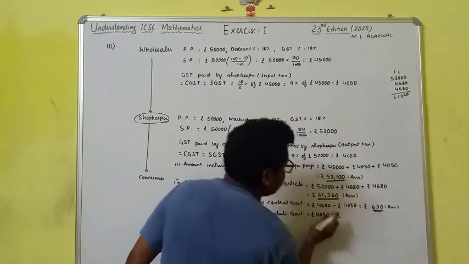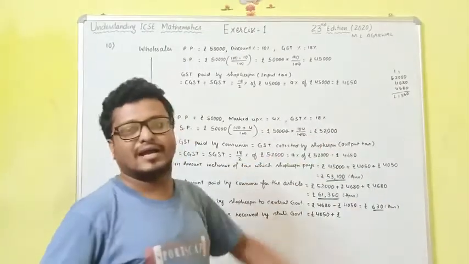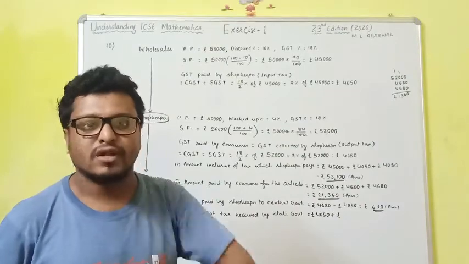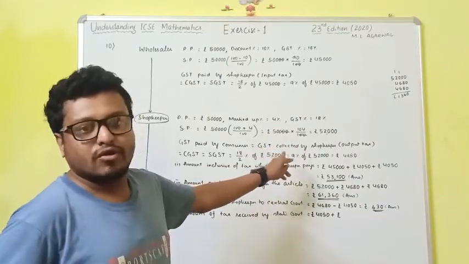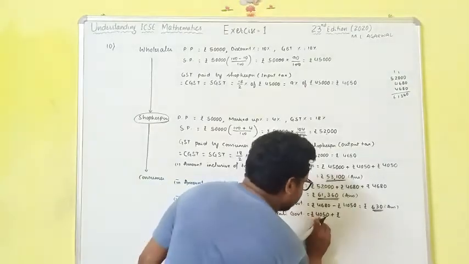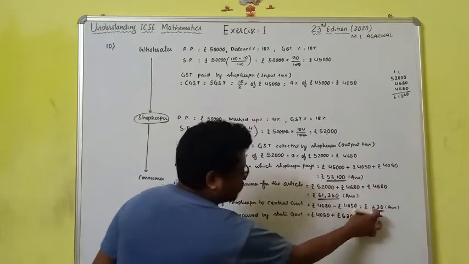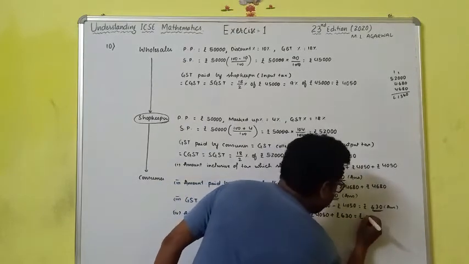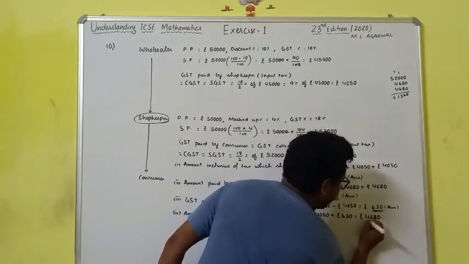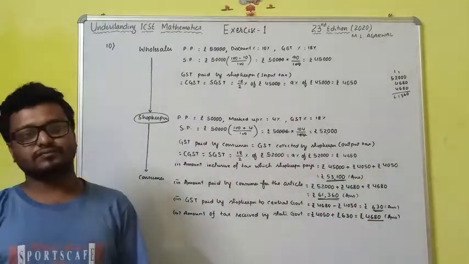Then plus the value added he added, 7,000 rupees, which I have already told, 9%. So it will be 630. So it will be 4050 plus 630, which is 4680. So this is all about your question number 10.